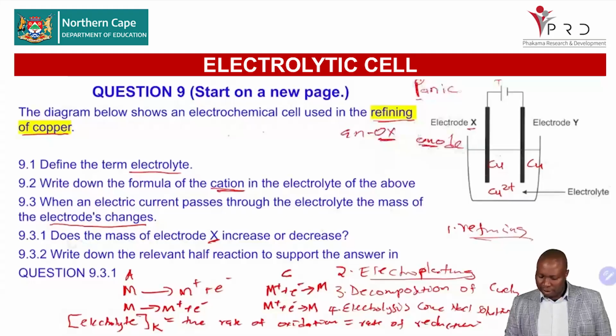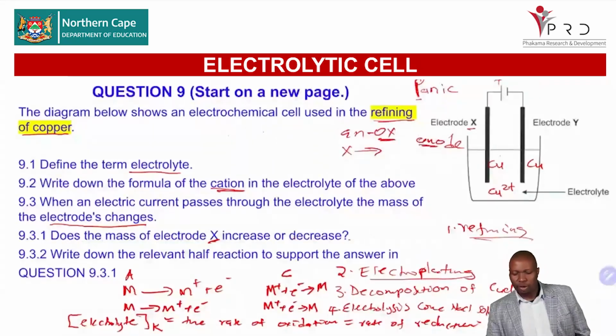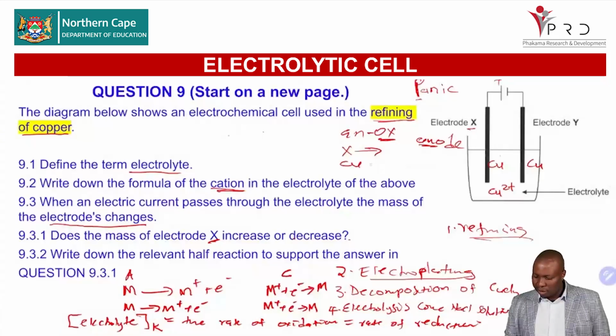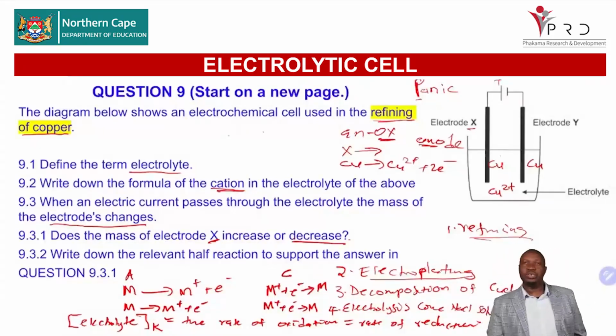Does the mass of electrode X increase or decrease? Definitely it will decrease, because X, which is copper, is going to lose electrons. When it loses electrons, it will decrease in mass, because there is loss.